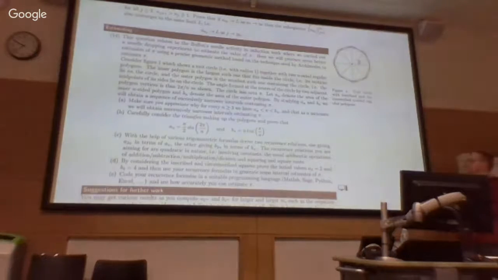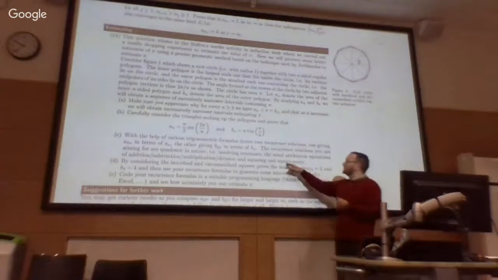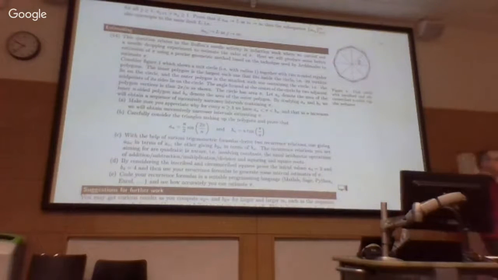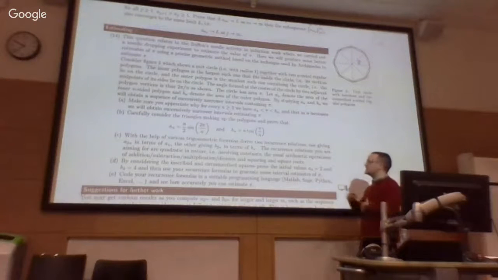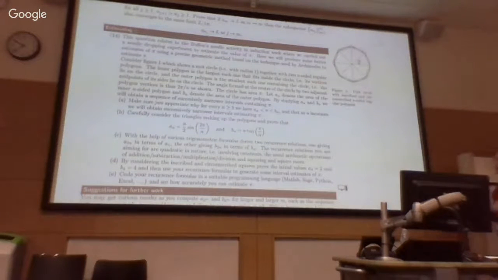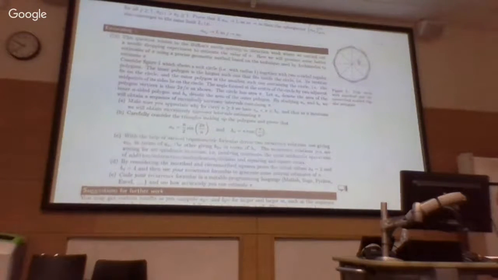Now that's not too bad because early mathematicians were aware of rigorous methods to calculate square roots, and were able to calculate them more or less as accurately as they could be. So that's kind of like an extended project for you to do, and I very much suggest that you have a go at that as well.